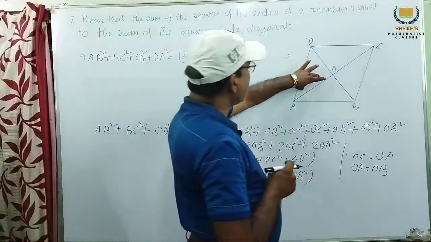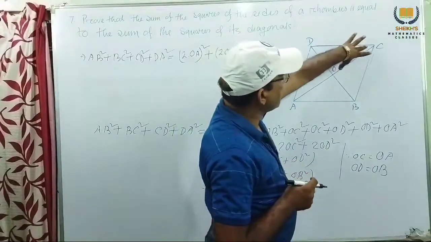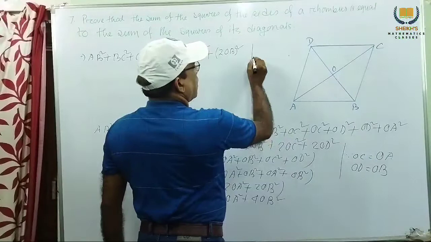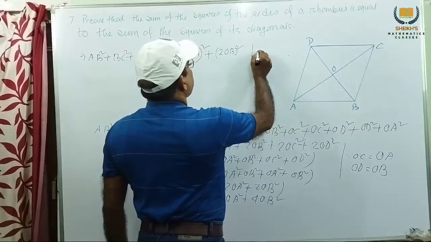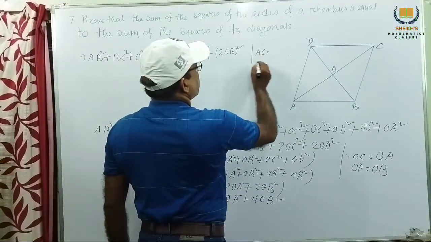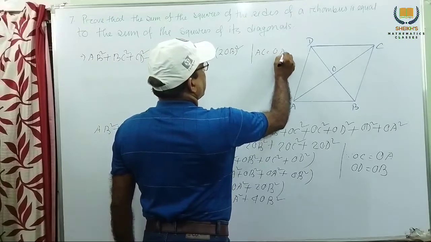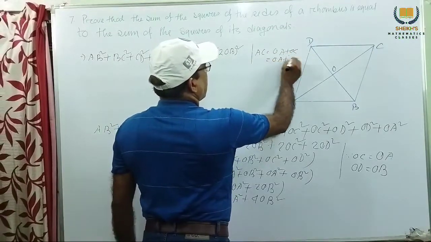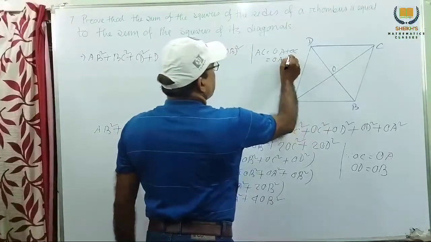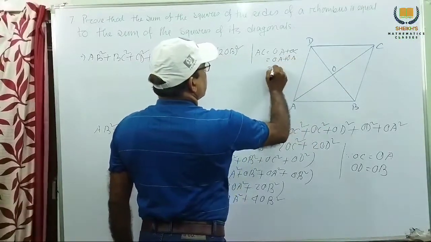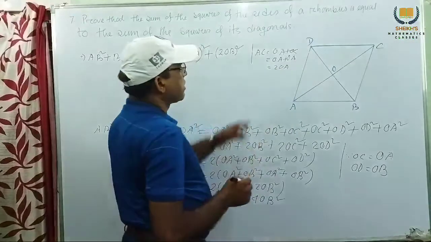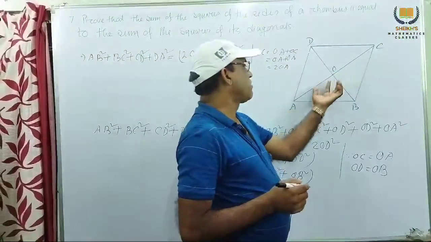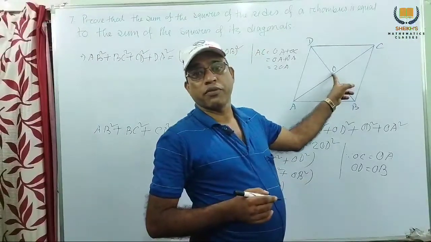Two times OA we can write as AC, since AC equal to OA plus OC, and OA and OC are equal. AC equal to 2 times OA because O is the midpoint of AC.